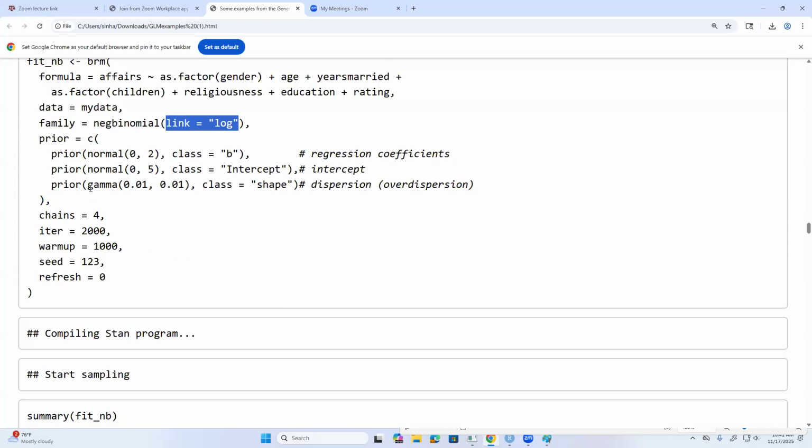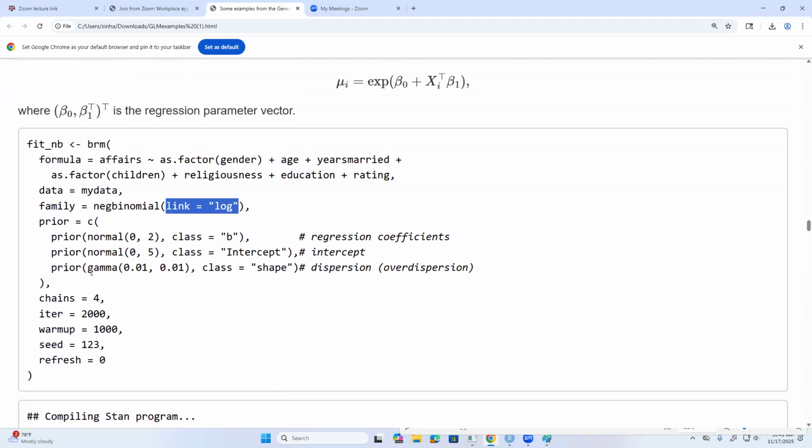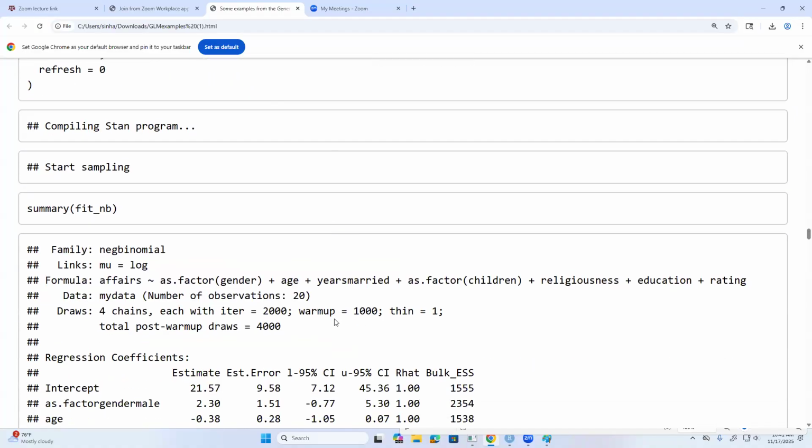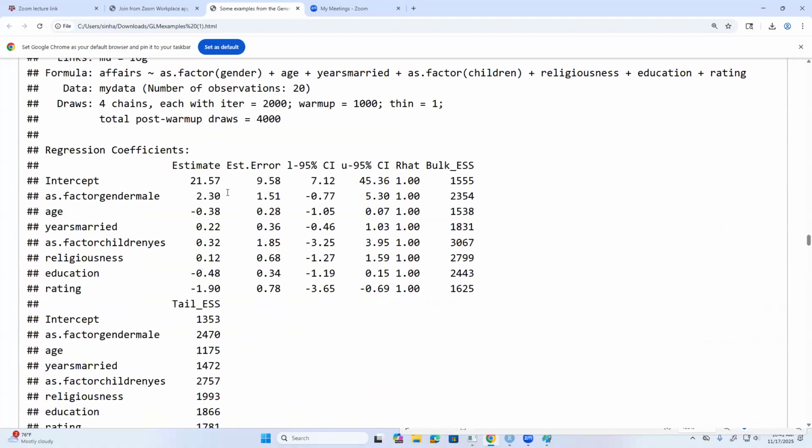So here, for the negative binomial model, we are putting a gamma prior on the shape parameter. Shape is 1 over omega. And we have these parameter estimates. For the negative binomial model, we also don't see any effect of gender because the credible interval includes 0.